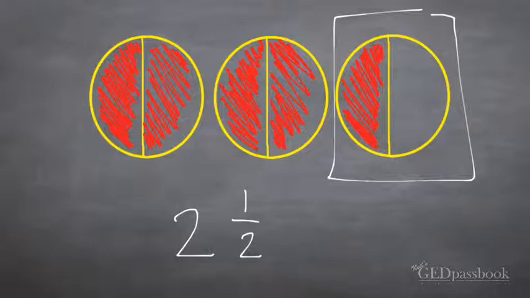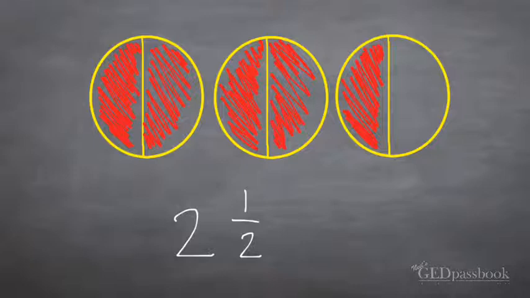So, for example, if the last one is divided into 4, the 4 pieces. That's how we find the mixed number of this fraction.